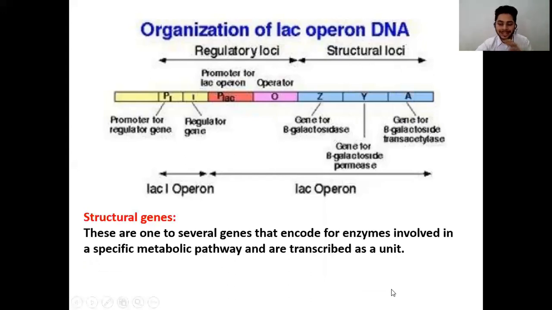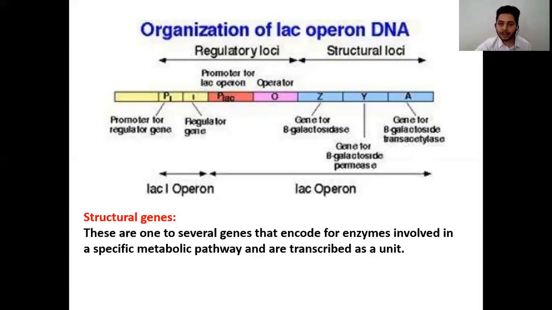Structural genes, there are one to several such structural genes present in an operon, and all these structural genes are basically responsible for expressing enzymes that are involved in one or more specific metabolic pathways. All these structural genes are going to encode for some important enzymes that will play an important role in your metabolic pathways.